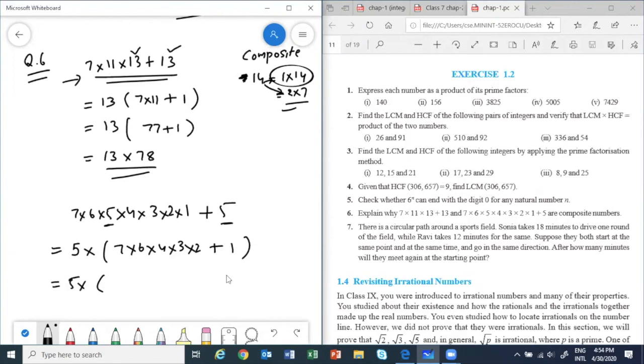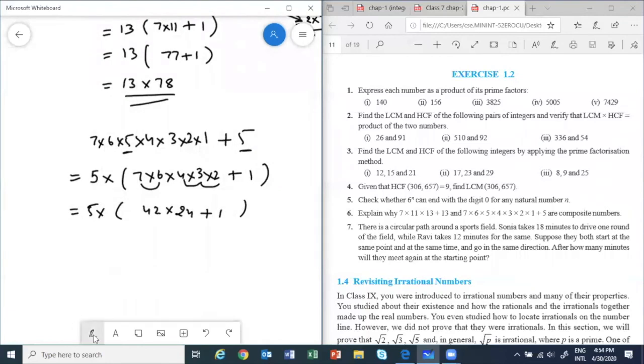What number will come in the bracket? This is 7 times 6, 42, into 4 into 3, 12, into 2, 24, plus 1.